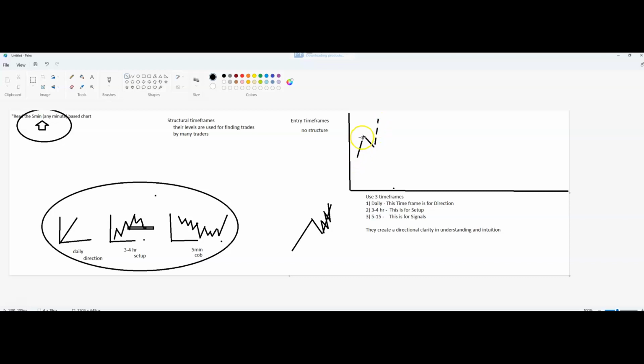AB equals CD, right? This is what's taught, and this is also a hope and dream target. If you believe in probabilities, you know that only a percentage of the trades will look like this. This is one scenario. The other scenario is this.